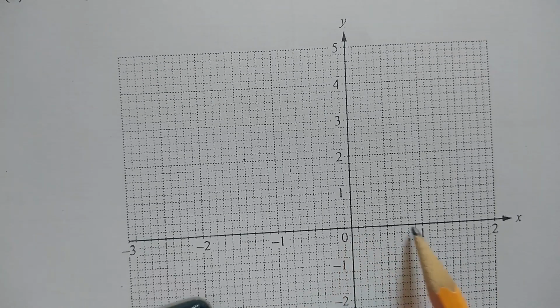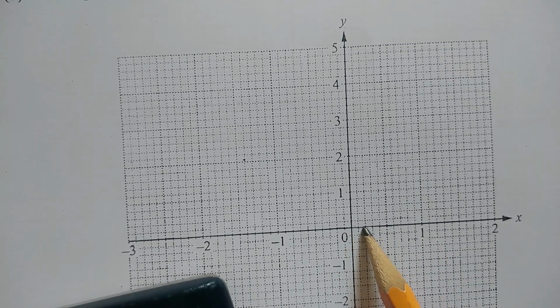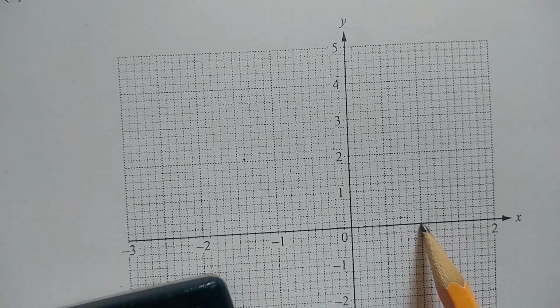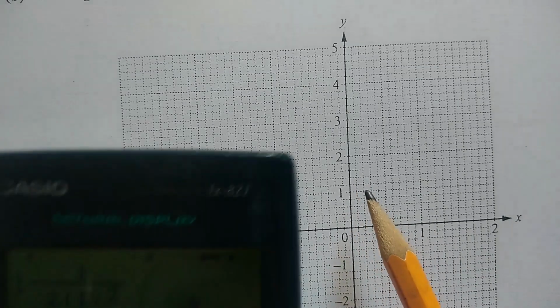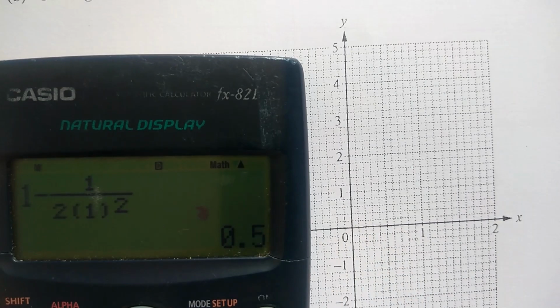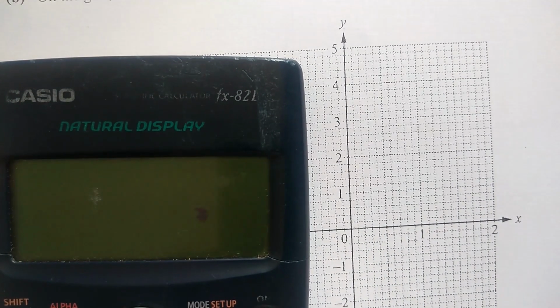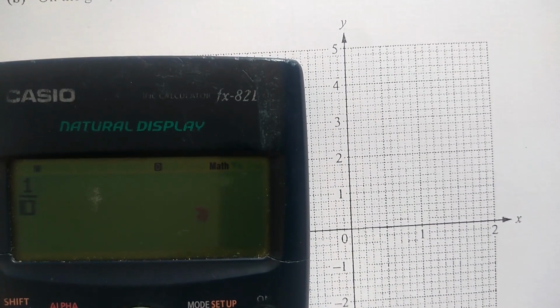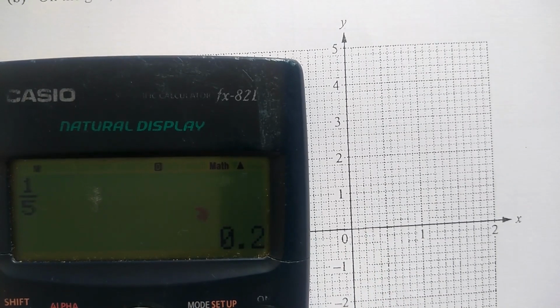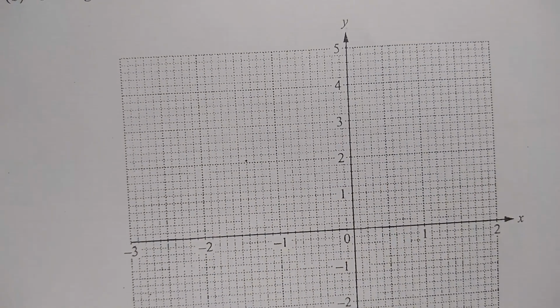On the x-axis you can see 0.1, 0.2, 0.3, up to 0.8, then 1. What about your y-axis? You can see that we have 5 boxes. We're just going to say 1 divided by 5, and one small box on your y-axis is 0.2.